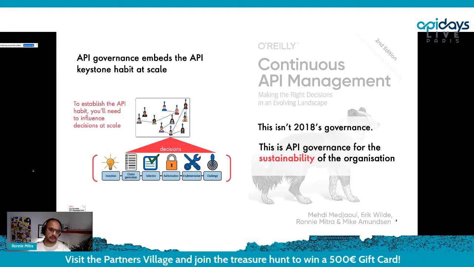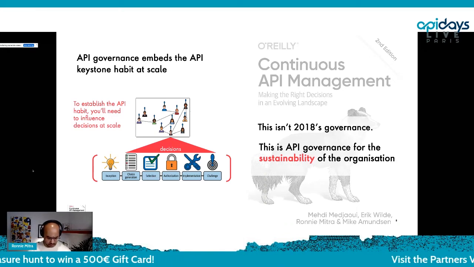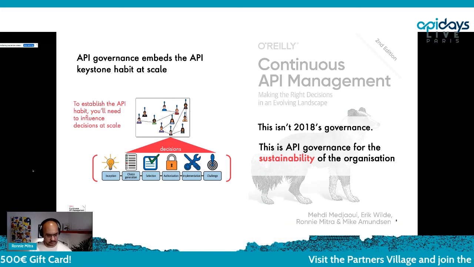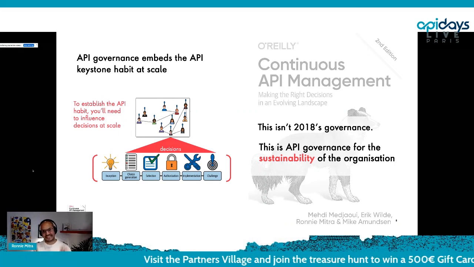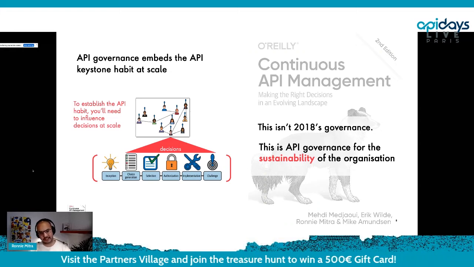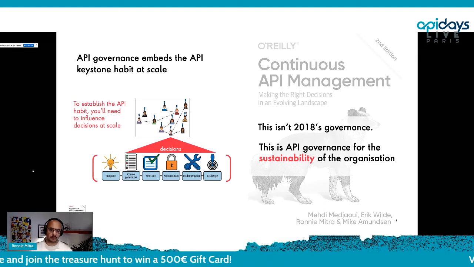In the book, we broke down decisions into these pieces, right? So largely, how do you research, how do you choose, and how do you execute the choices you make? The key thing to understand is when I'm talking about governance here, I'm not talking about API security or corporate governance or, how do you say no?